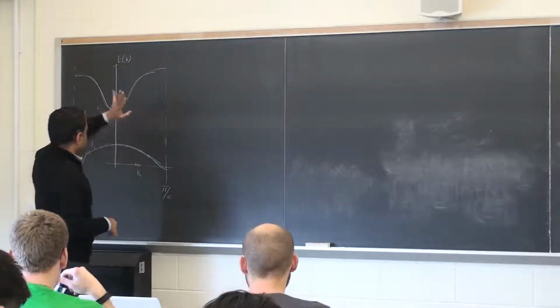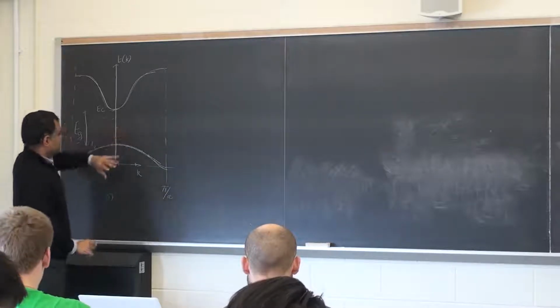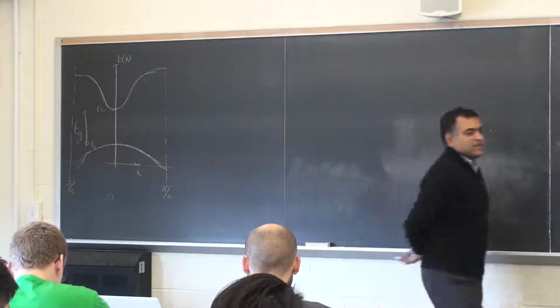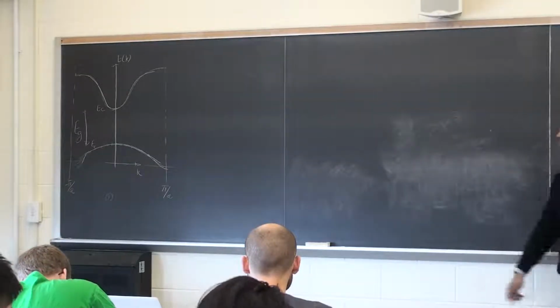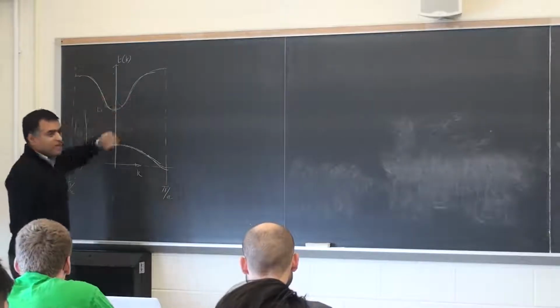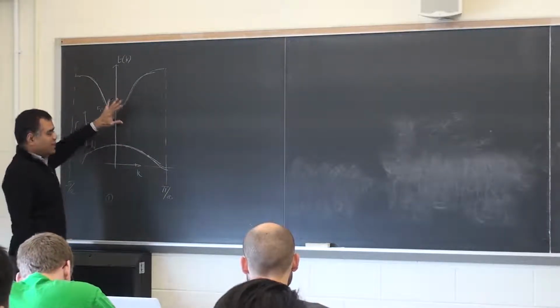Today, two main things we want to talk about are, one is, as it is, this material is going to be extremely insulating because you have a filled band which is unable to carry current, and you have a completely empty band which is also unable to carry current. So this would be highly insulating.